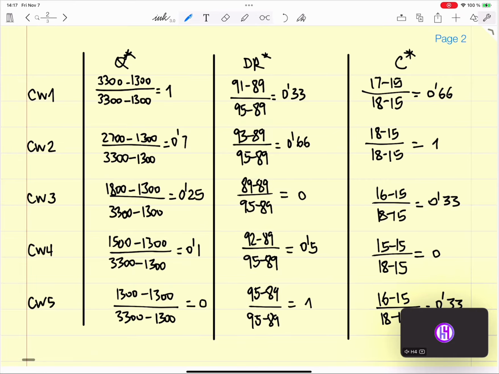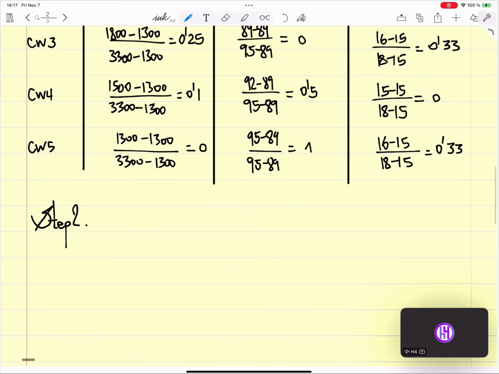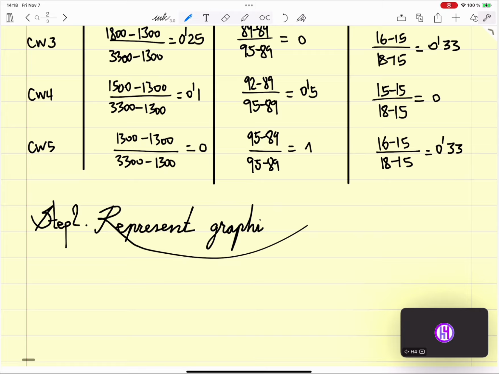No questions. Good. So the second step is to represent graphically the organizational dynamics.